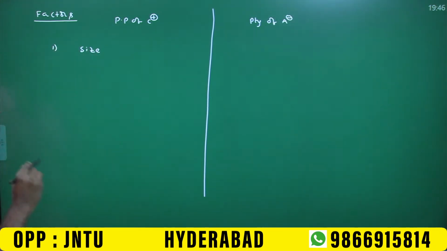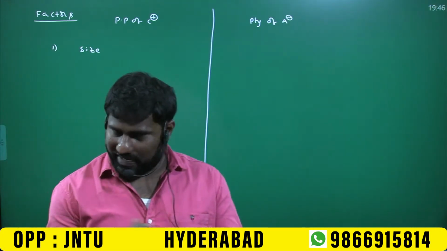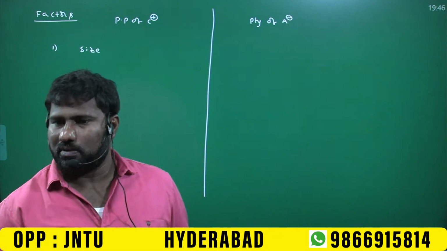As size increases for cations, nuclear charge per unit size decreases, so polarizing power decreases.